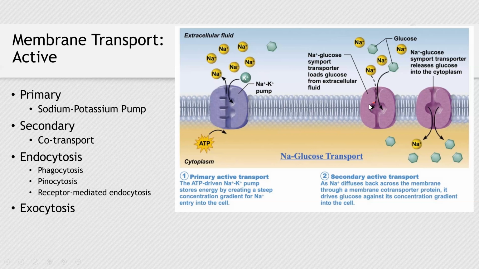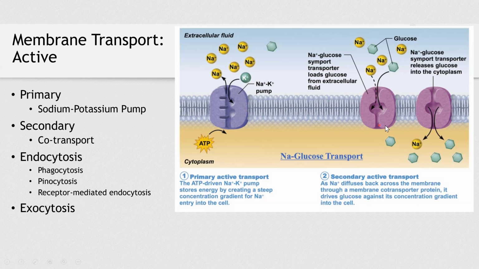So sodium will move through this pink protein down its concentration gradient, but sodium will take glucose with it, and it will move glucose against its concentration gradient. We call it co-transport. In this situation, it's a symport because sodium and glucose move in the same direction. Sometimes we can have antiport, when one ion, for example, moves in, and another moves out.